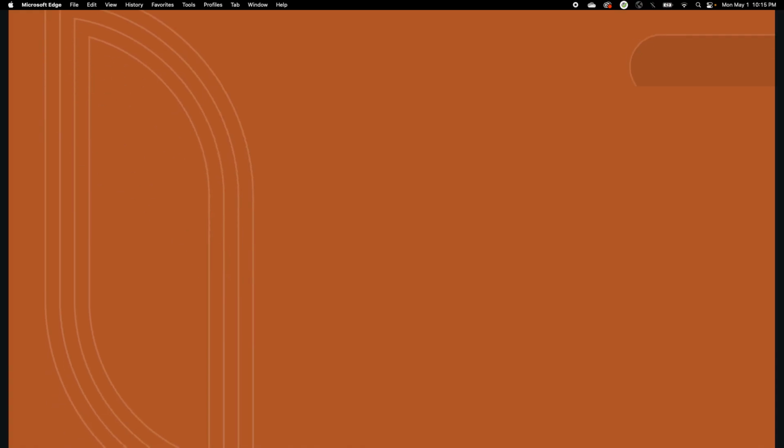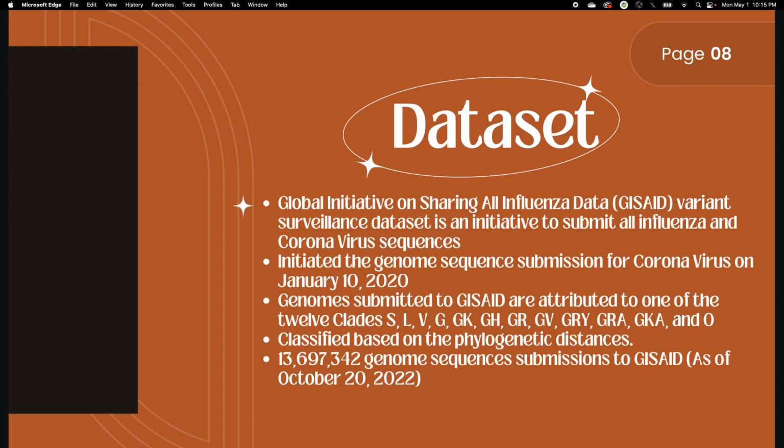The dataset that I used for this research is provided by GISAID, which stands for Global Initiative on Sharing All Influenza Data. The dataset is named Variant Surveillance Dataset. That means they record all the variant genome sequence submissions of coronavirus in this dataset according to location and time.